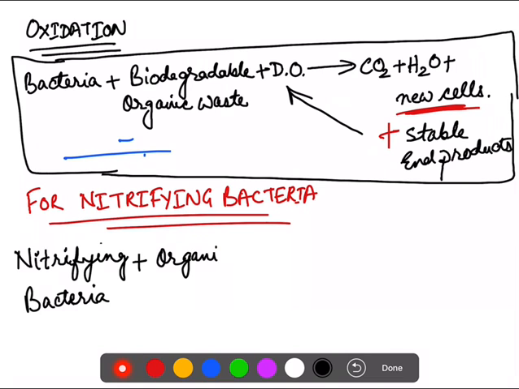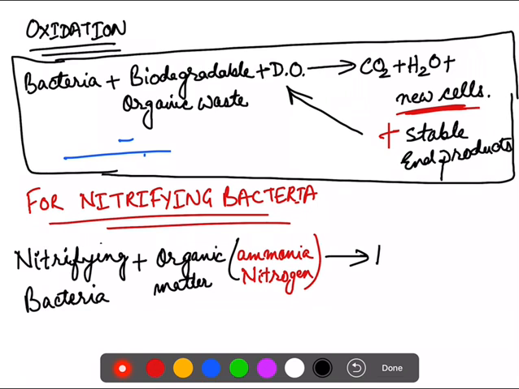So what is the organic matter which is oxidized by nitrifying bacteria? It is ammonia nitrogen. So this ammonia nitrogen is converted to nitrites first and then to nitrates.